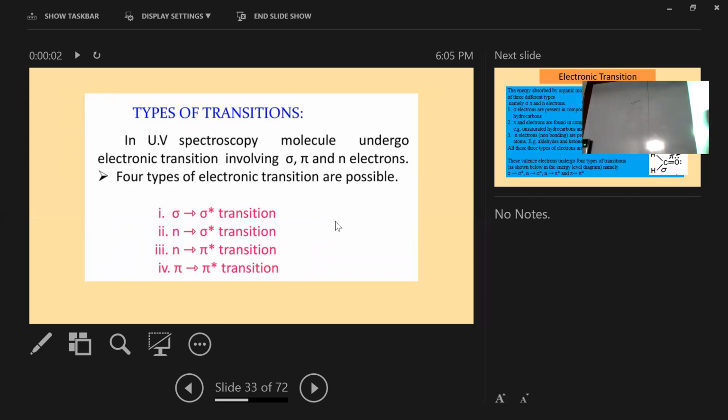Maybe let us consider this molecule. What is the molecule? Do you know what this molecule is?